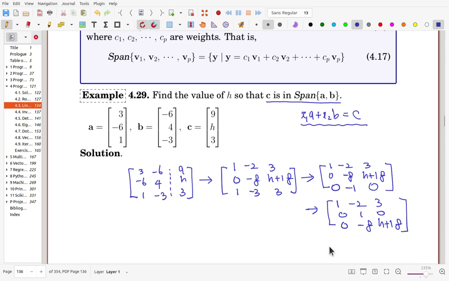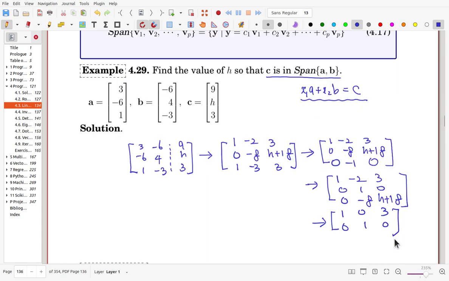We can eliminate this one by adding 8 times the second row. Again, twice added, so 1, 0, 3, and 8 times added, that is now 1, 0, 0, 1, 0 is the second row, and the third row will be 0, and 8 times added.